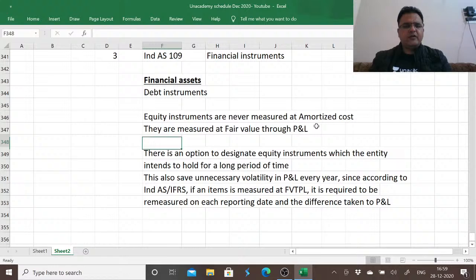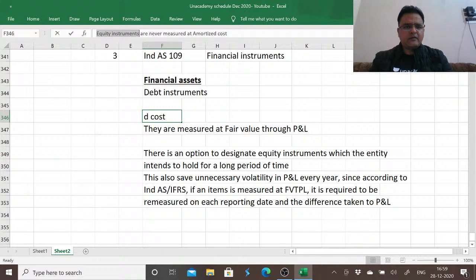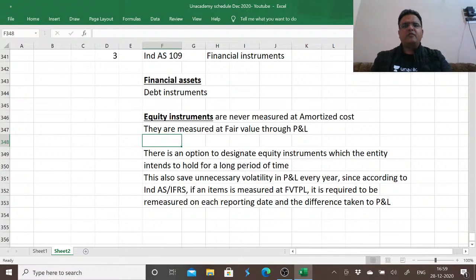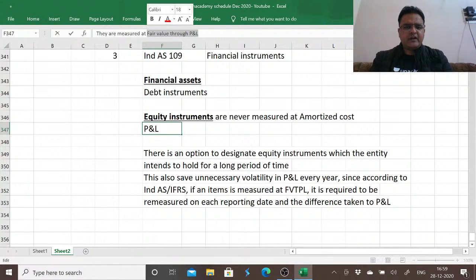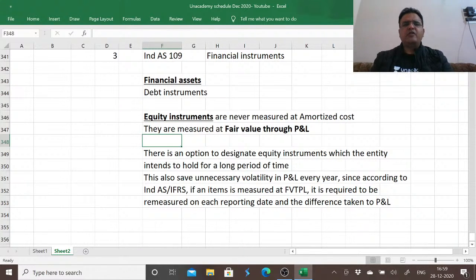So if you are recording an equity instrument, we'll be required to measure it at fair value through P&L. That's the way it is measured. And if you measure it at fair value through P&L, we need to remeasure it on each reporting date, and the difference is taken to P&L every year, which brings in volatility.